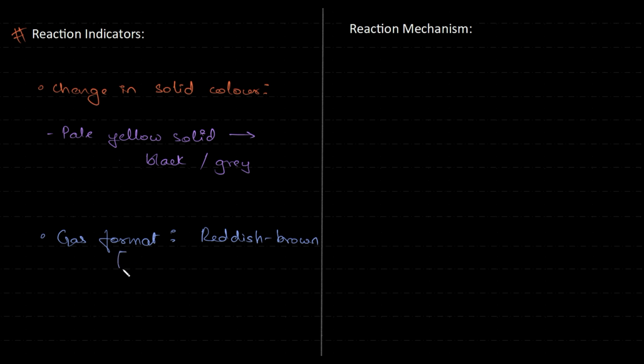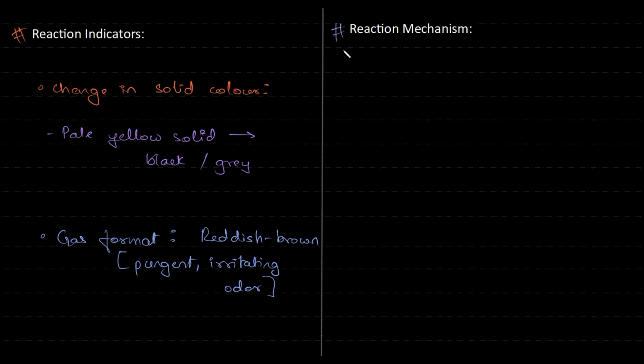So this has a pungent smell. I remember this when I was in my 12th grade. I remember this. The chemistry lab used to smell of this, I mean, not because of this reaction, but the pungent smell, I mean.